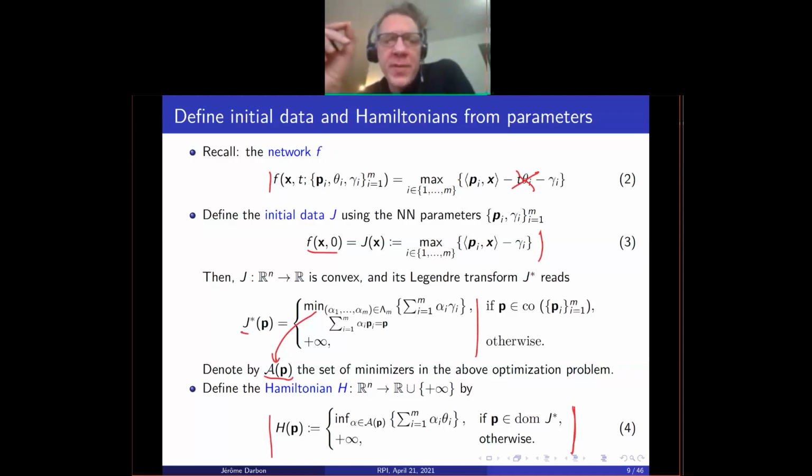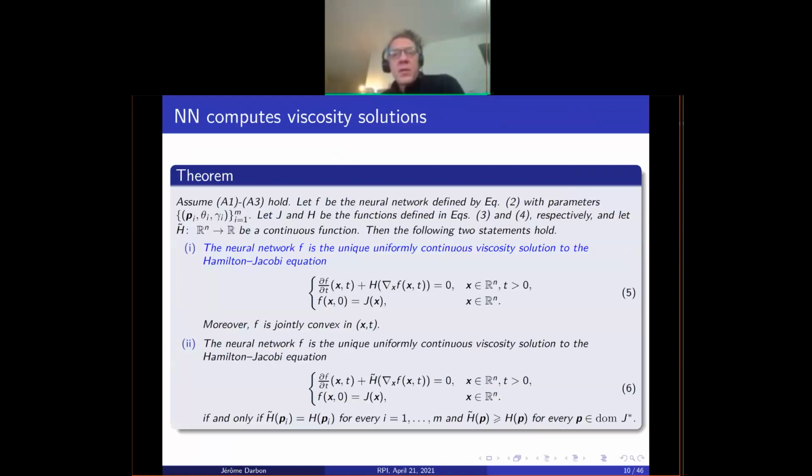And all those functions are given from the parameters of the neural network, pi, gamma I, and theta I. Then you can prove the following theorem, that if the assumptions A1 to A3 hold, then the neural network that we consider with the parameters that are given by theta I and gamma I defines the function j and h that I gave in the slide before.